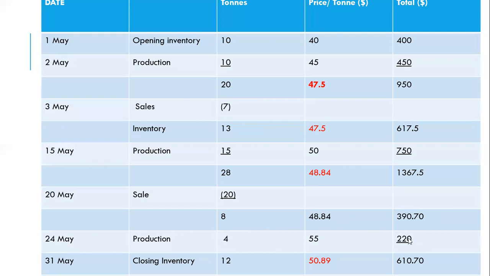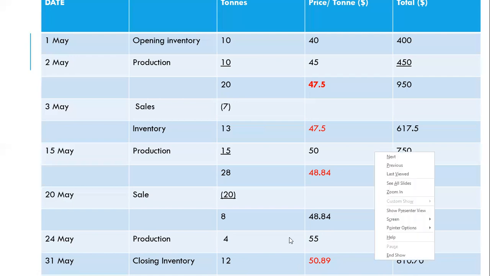If you add the new totals together, you have $610.7. Add the total tons there, you have 12. So 610.7 divided by 12 gives us the new weighted average cost of 50.89. So actually our closing inventory here is valued at $610.7.